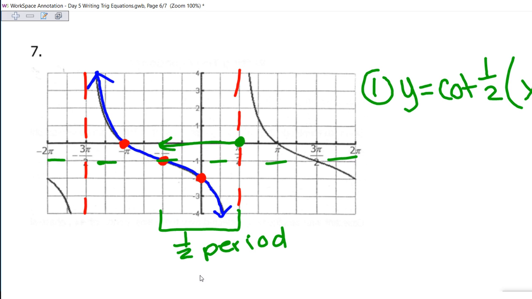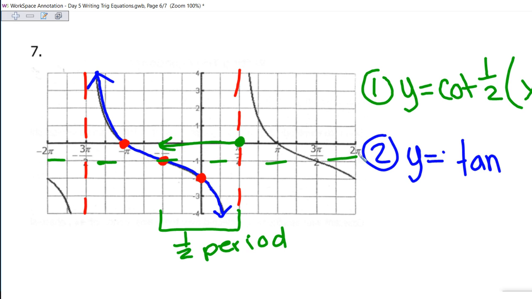Now, I am going to write a tangent function on that same curve. So y equals, the amplitude is the same. It's still 1. But now for tangent, I know that the left arm should be pointing down and the right arm should be pointing up. So how would I show that? Negative. The a value needs to be a -1.